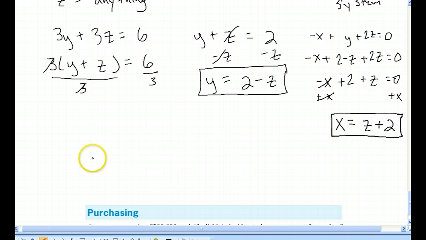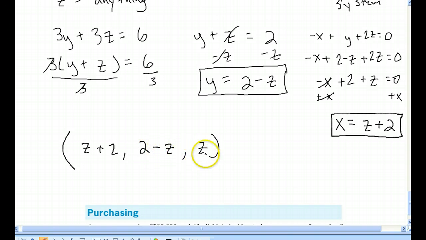Alright, so my solution to this system is any ordered triple of the form z plus 2, that's x, 2 minus z, that's y, and then z can be whatever. Right, so this can be anything.